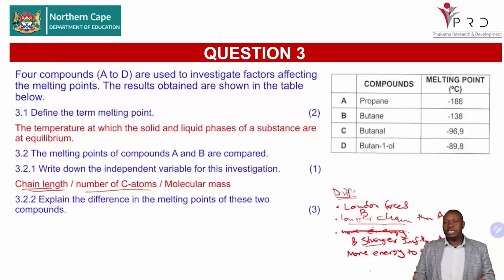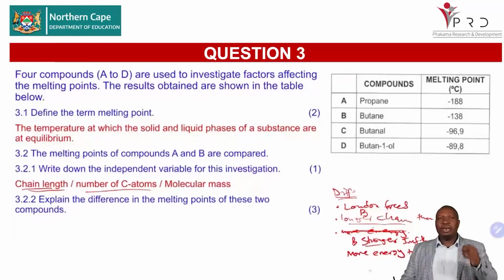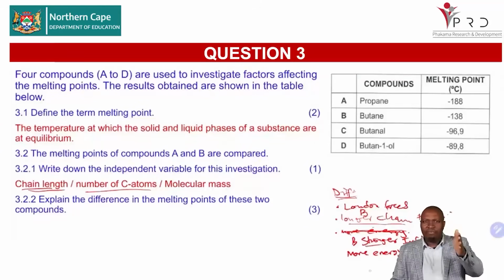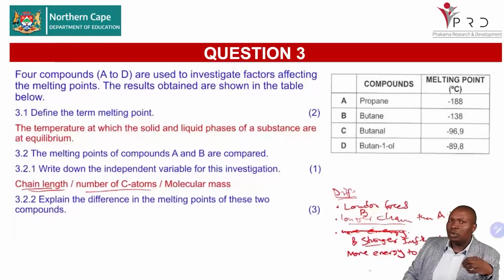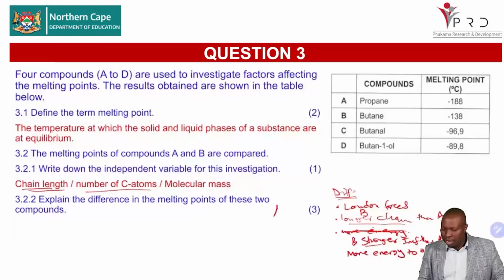So always be in that structure, use your DICE, always look at what is different. But in terms of intermolecular forces, I will advise you to always acknowledge your knowledge, to show that you know that both of them have London forces or dipole. All the alkanes have London forces. The haloalkanes all have dipole.